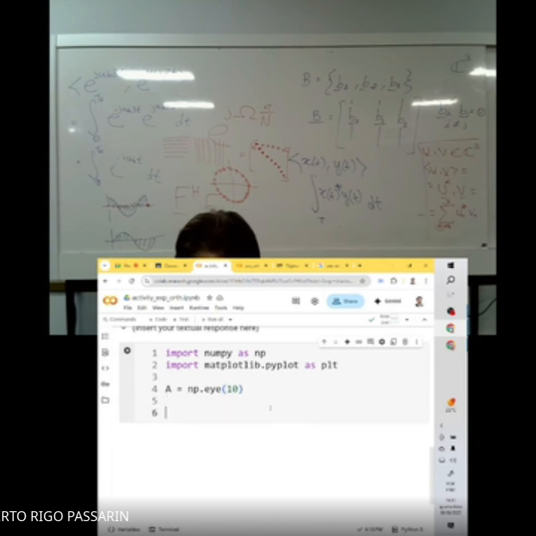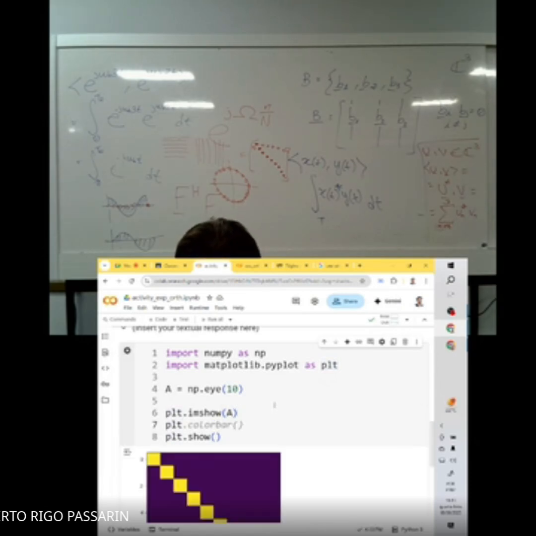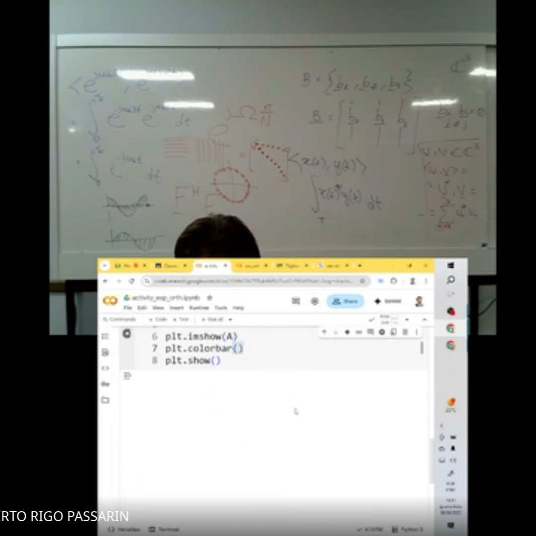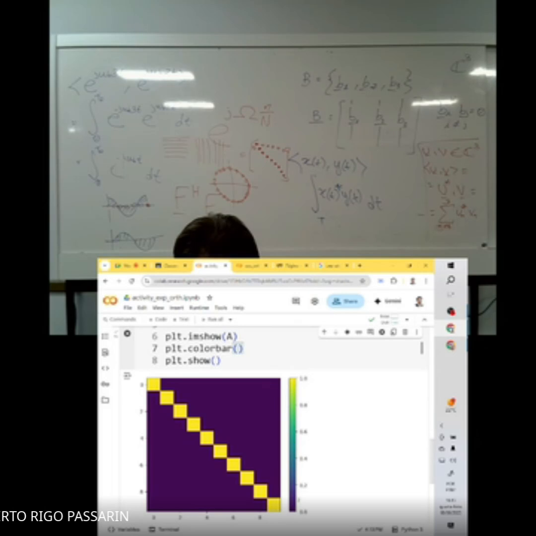I can do plt.imshow of A. Please always use a colorbar when you're using imshow. What's a colorbar? This. It will indicate the values.